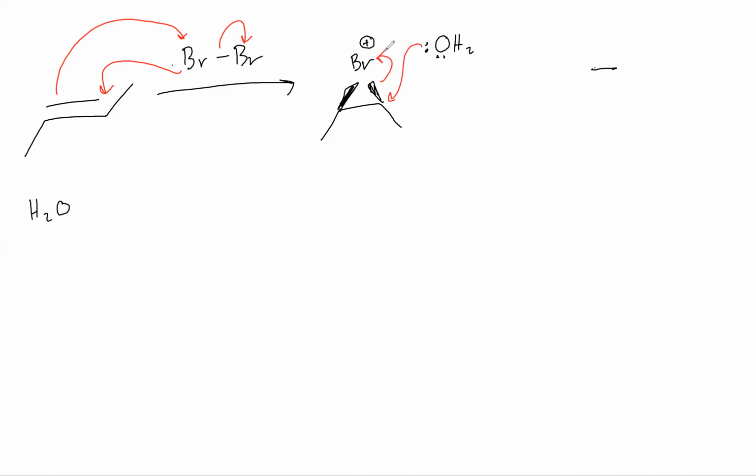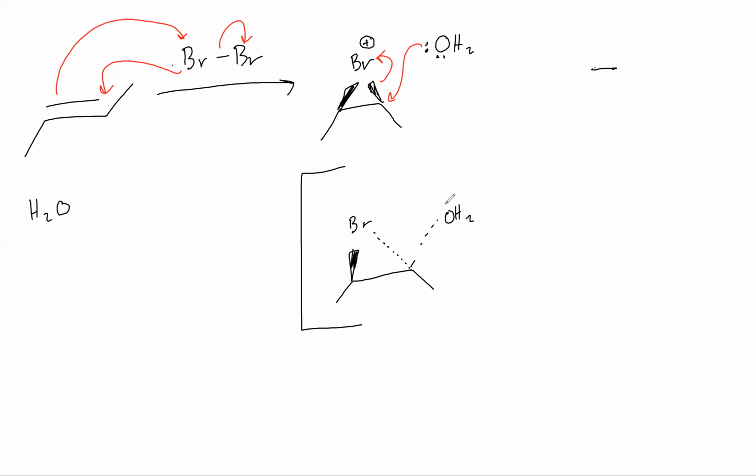Let's talk a little bit about the transition state here. If we draw the transition state of this reaction, we can see that this bond with Br still exists. The Br is still partially connected to this carbon, which is partially connected to this oxygen here, this OH2.